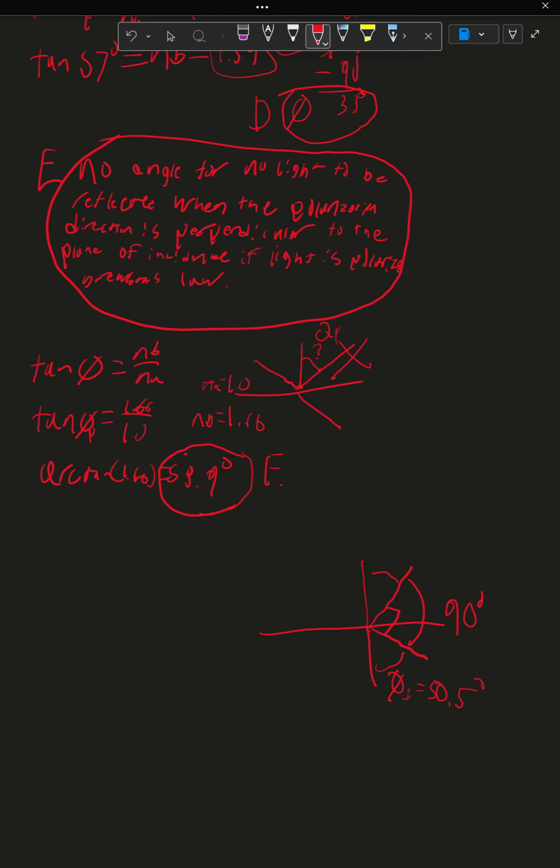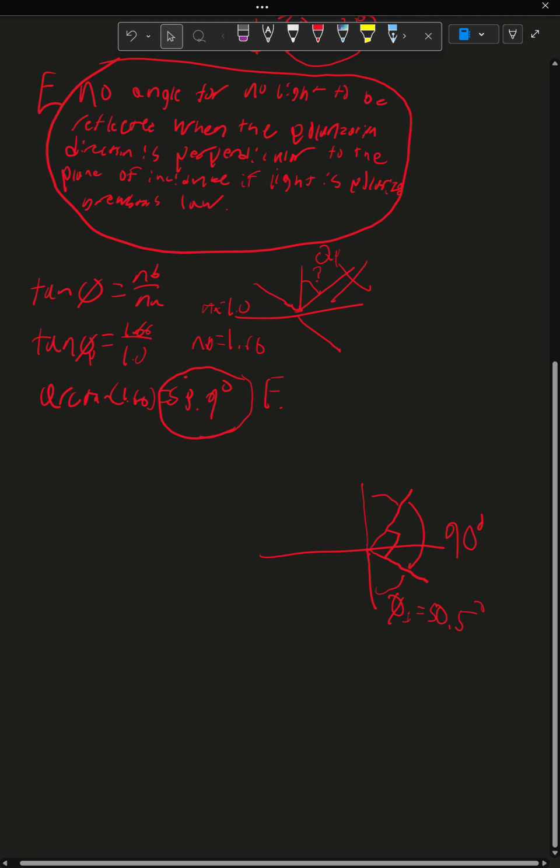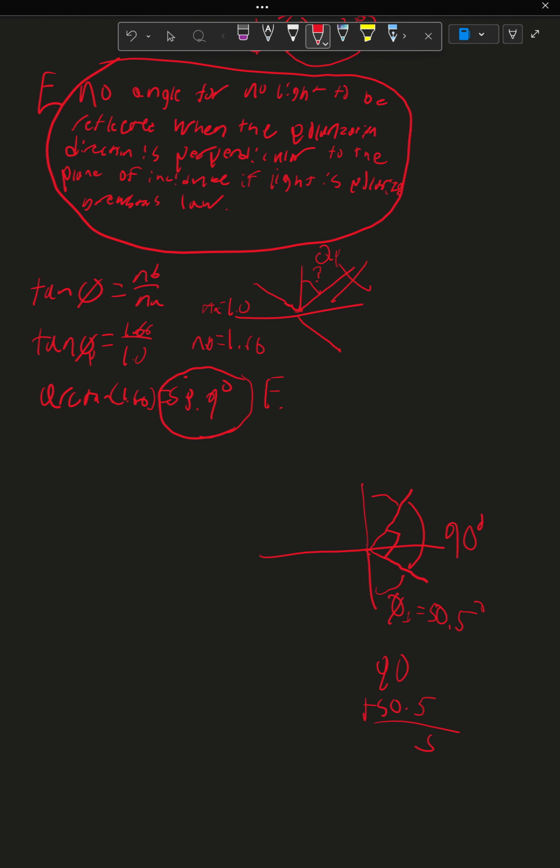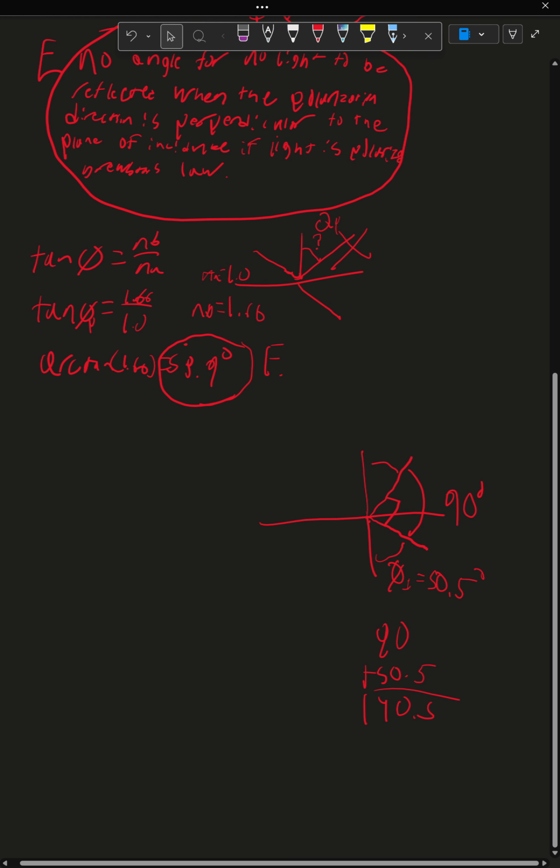It'll be just whatever adds up all these together to 180 degrees. So we could just add these together. 90 plus 50.5 equals 140.5. Now all we have to do is subtract that from 180 to get the rest.